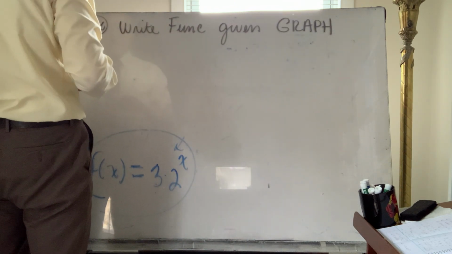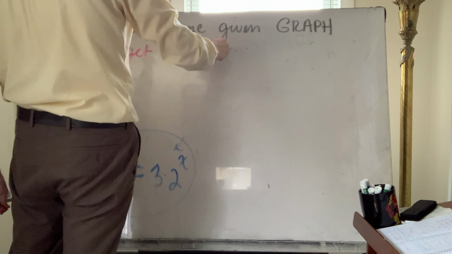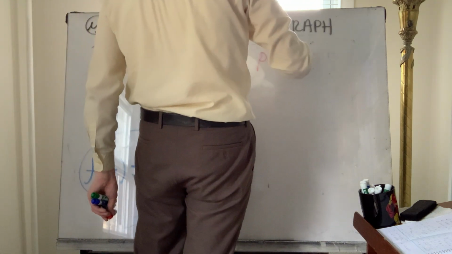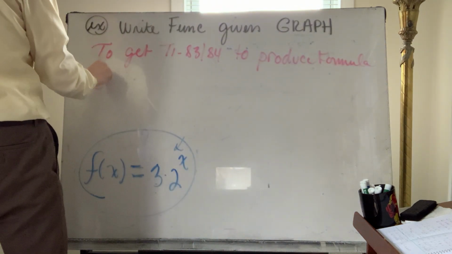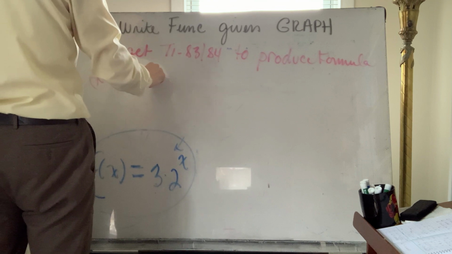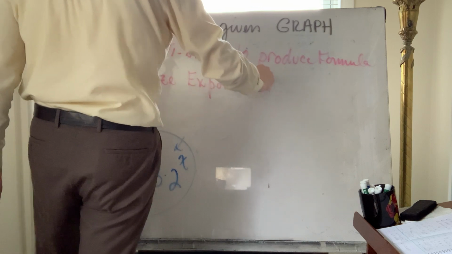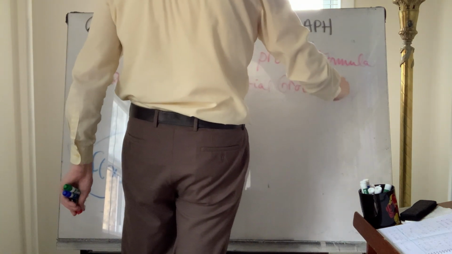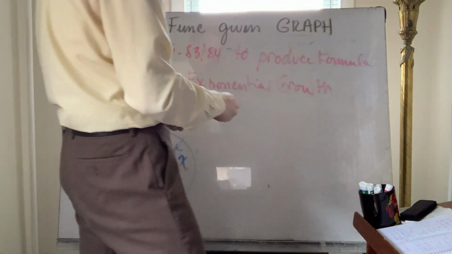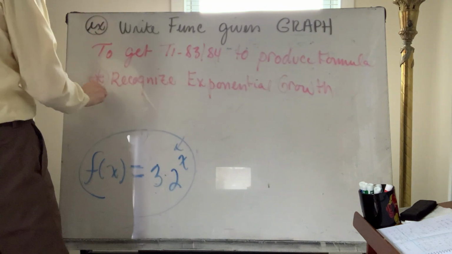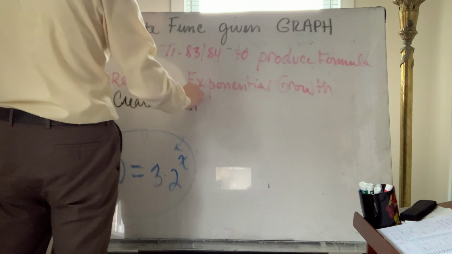Essentially, to get the TI 83 or 84 to produce the formula, you must firstly recognize that this is exponential growth. That's the prerequisite. And then create a list of ordered pairs.